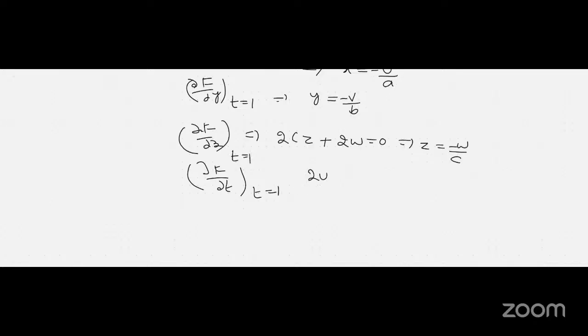So 2ux plus 2vy plus 2wz plus d equal to 0. Plus w square by c equal to d.